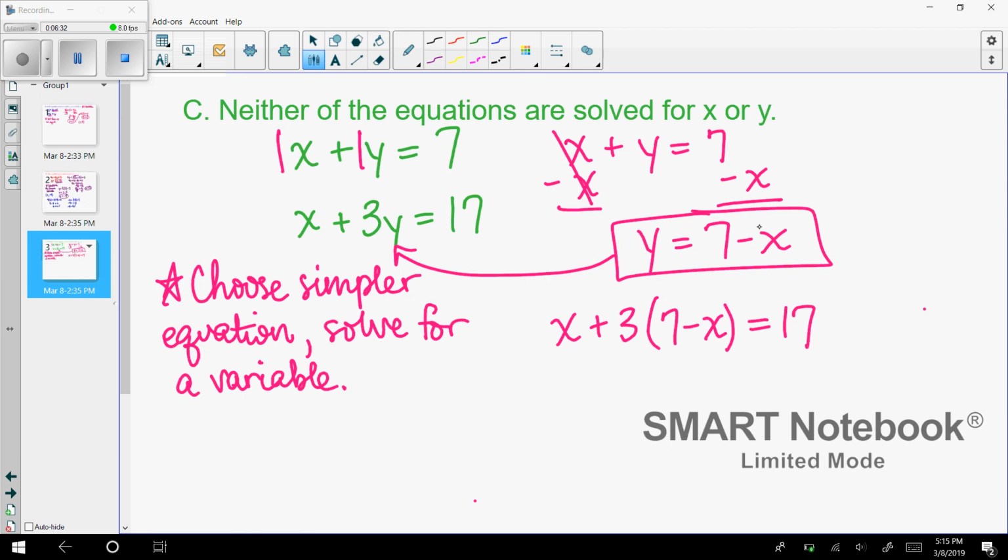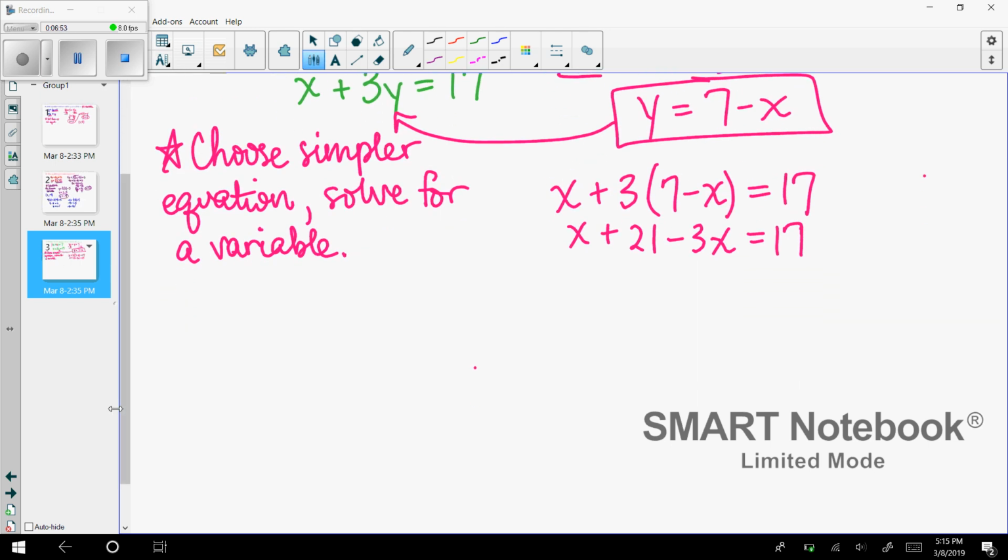So I plugged in 7 minus x for y. And now I'm going to just carry on as I normally would. x plus 3 times 7 is 21. 3 times negative x is negative 3x equals 17. Got my nice SmartBook logo over there, so I'm going to move this down.